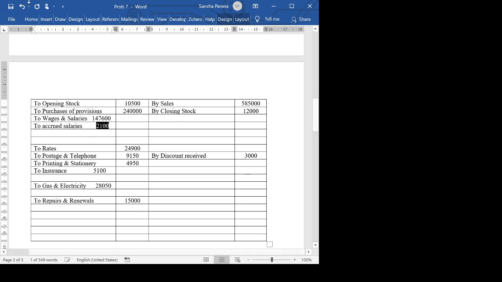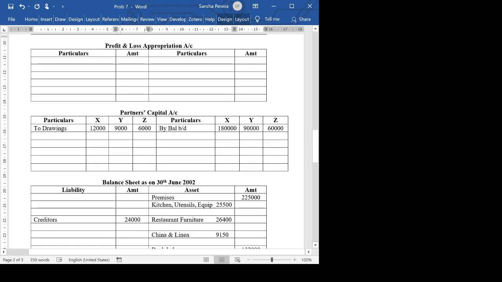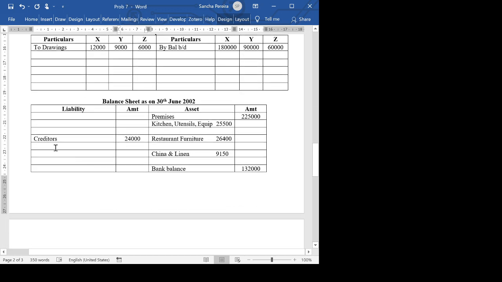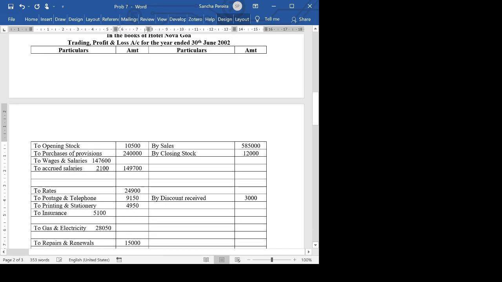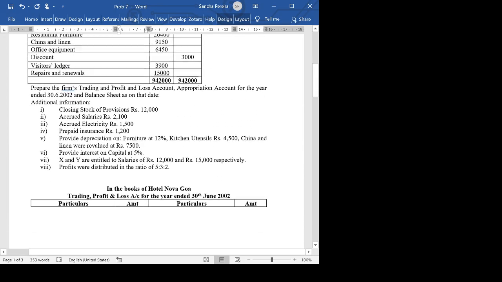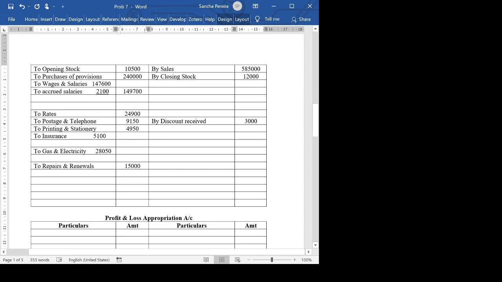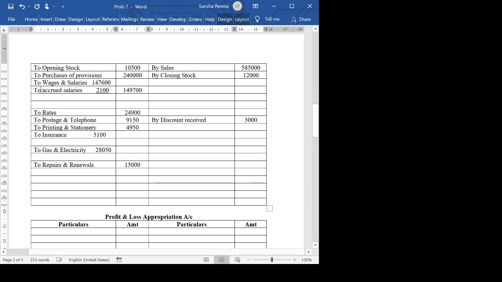That comes to 149,700. And similarly, we need to show accrued salaries in the balance sheet, 2,100. Accrued electricity, 1,500. Sorry, this is not two here, this is add.